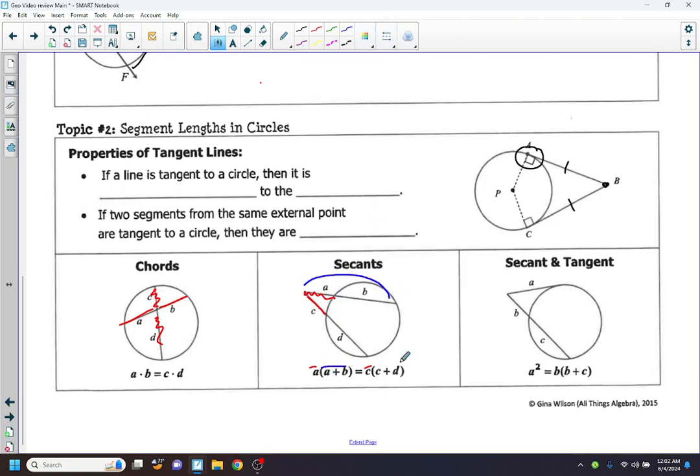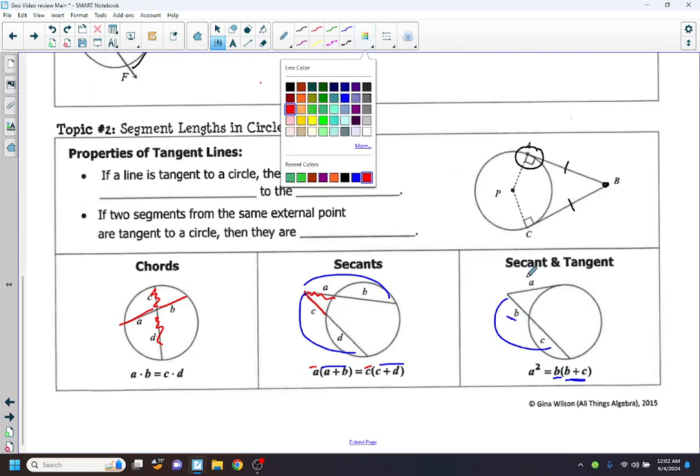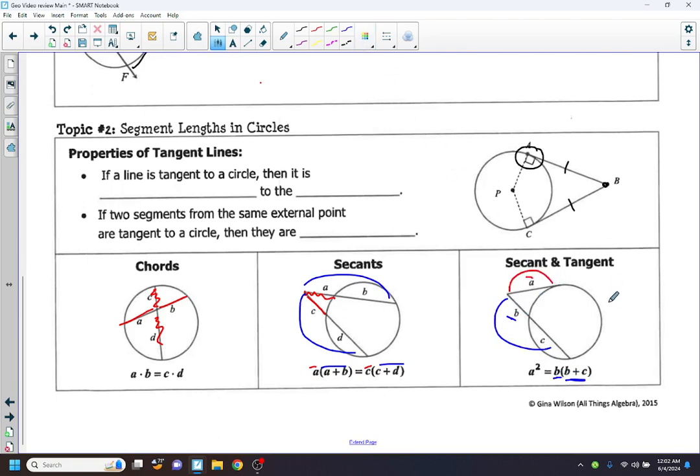So it becomes A times A plus B equals C times C plus D. Same rule. Outside, so that's B, times the whole thing, B plus C. In this case, the A is both the outside and the whole thing. So it's A times A, or A squared. That's why it's like that.